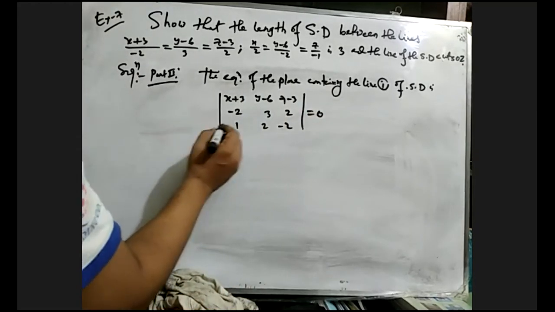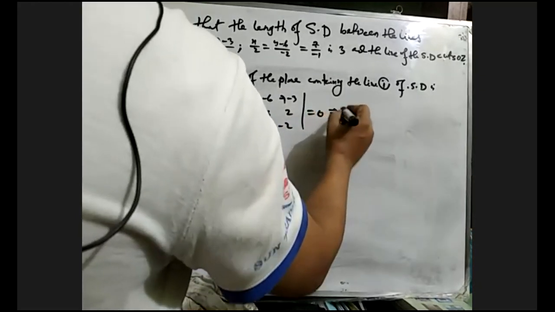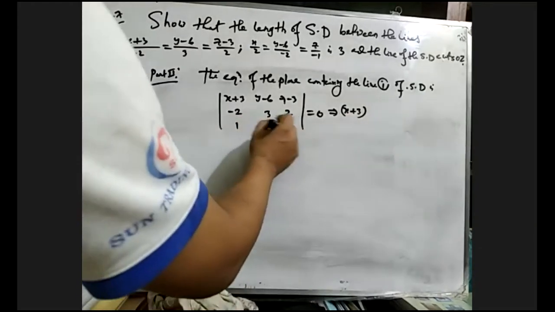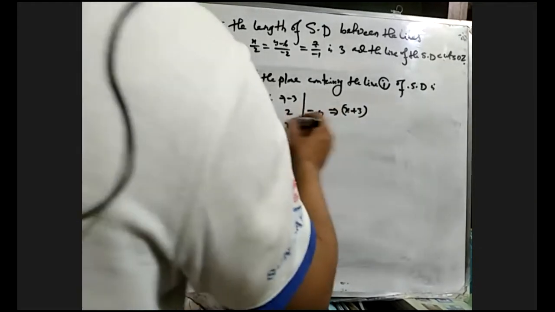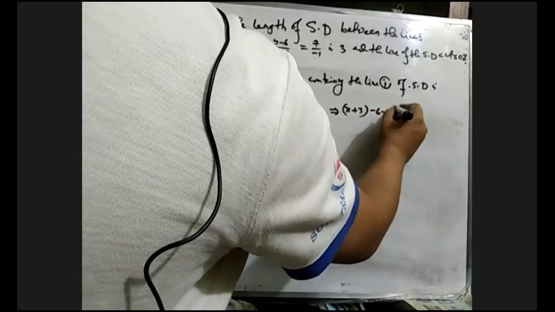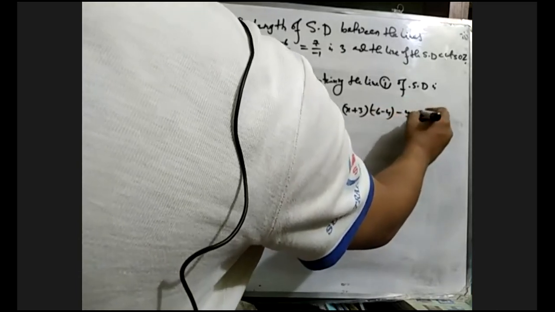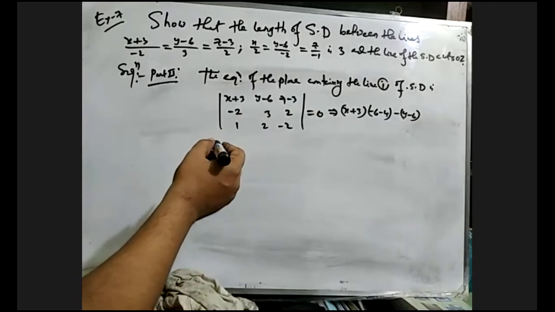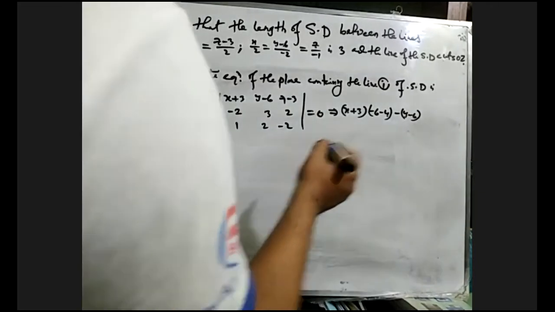So from this we can write x plus 3 times minus 6 minus 4, minus y minus 6 times 4 minus 2, and plus z minus 3 times minus 4 minus 3 equals 0.